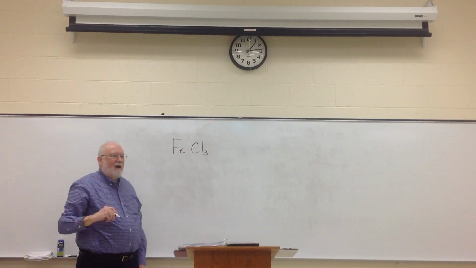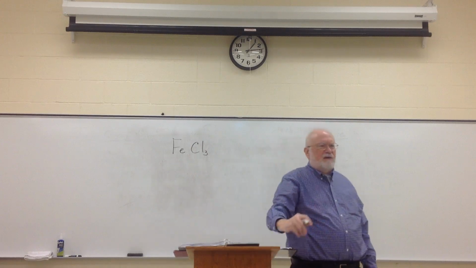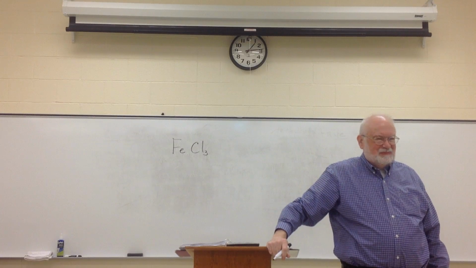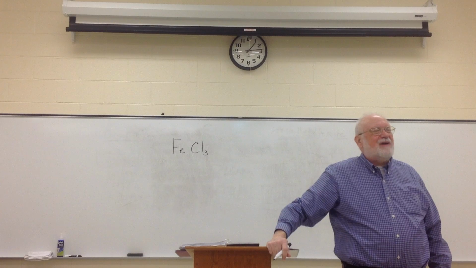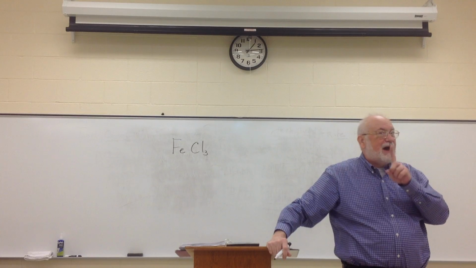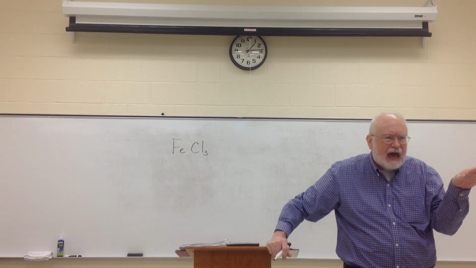All right, now, cation this time. Well, we know it's iron in some form, but what do we know about iron? It can either be iron 2 or iron 3, and we've got to specify which one it is. But there's an easy way to figure it out.